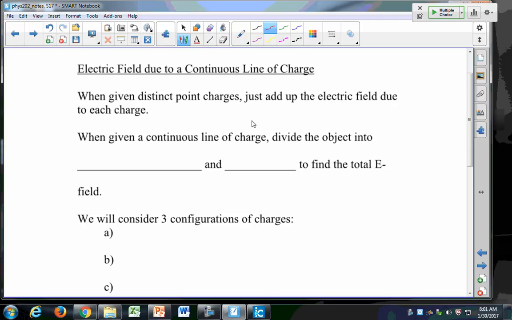So when given a continuous line of charge, one can integrate over the shape. Divide the object into differential elements.